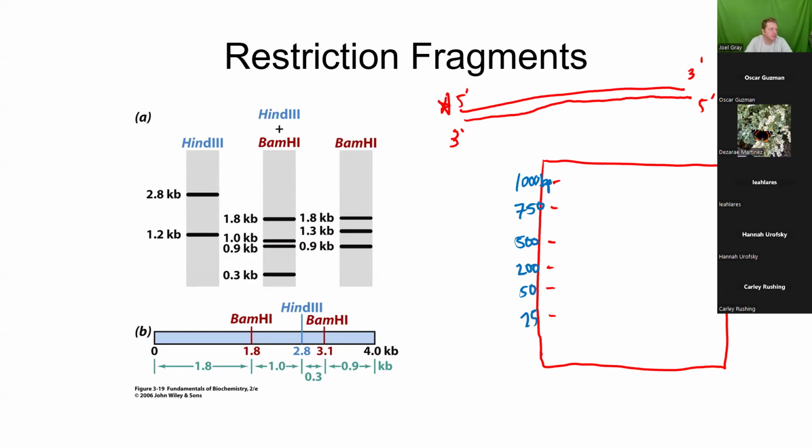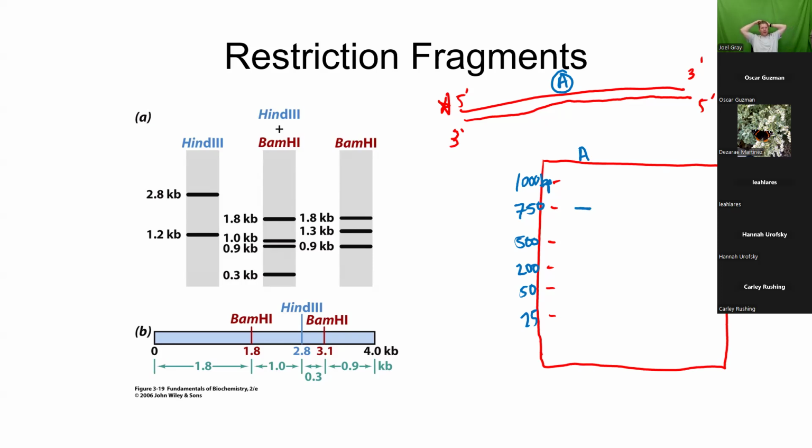Let's say that you take this sample, which I'm going to label A. A has no digestion. You have not added any restriction enzyme to it. And you run sample A on a gel, and you get a single band right there.